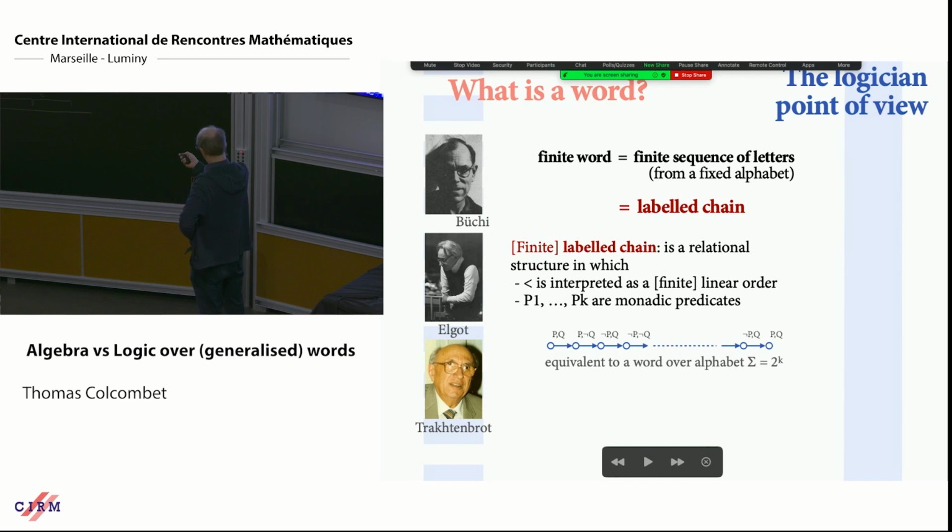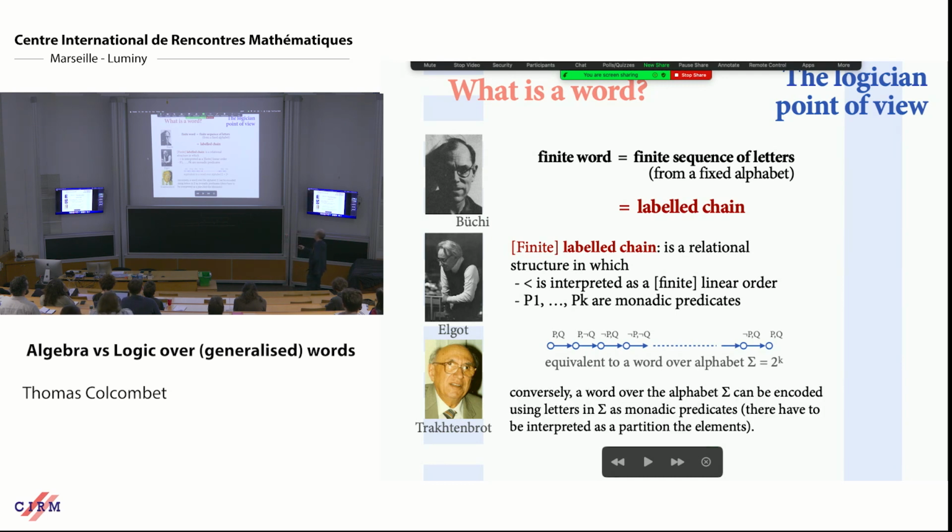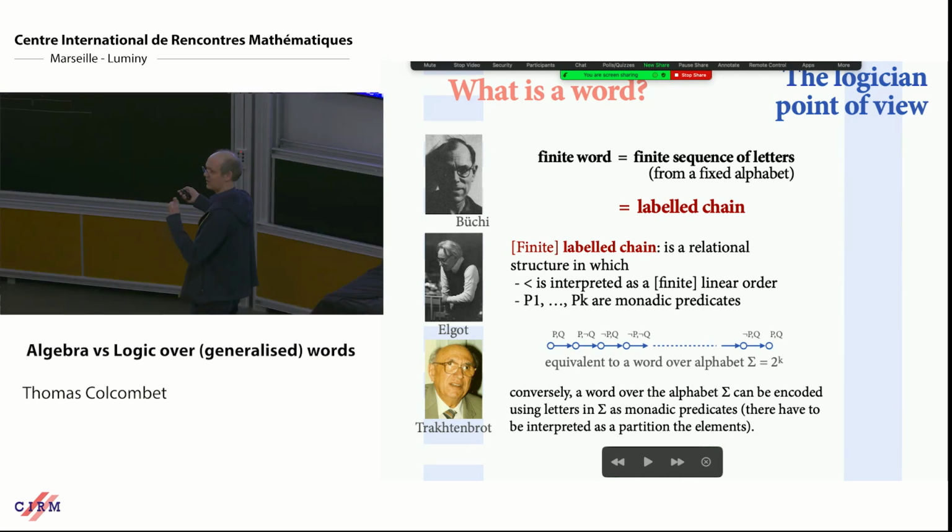And you can see it as a word over the alphabet 2 to the number of predicates. So it's a bit painful to jump from sigma to 2 to the k, depending on the context. You can also do it the other way. If you have a word over sigma, you can always see it as a total linear order, but with one unary predicate, one monadic predicate for each letter of sigma, and you require that they form a partition because you want exactly one letter on each position.